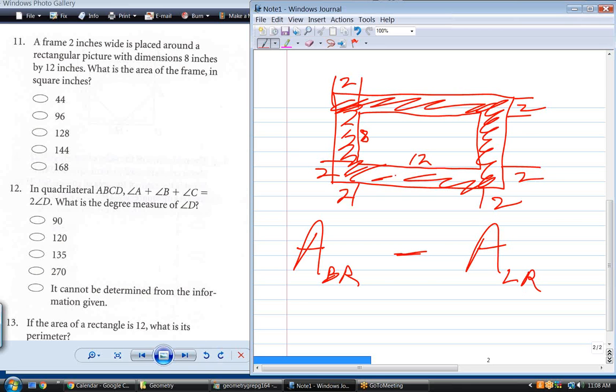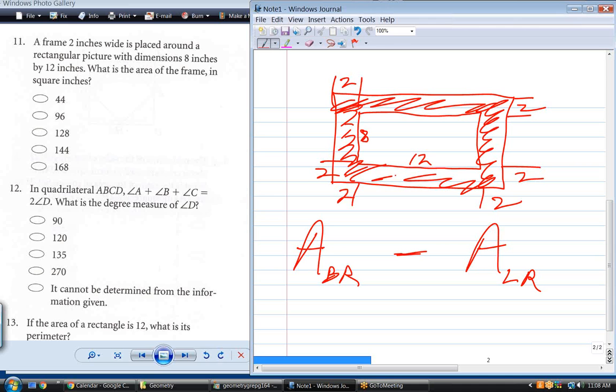And it's perfectly acceptable. In fact, I would prefer you start out with this step. In other words, define what it is. Before trying to figure out the area of the larger rectangle, let's make sure that we know what we're doing. We're going to take the area of the little rectangle, subtract it from the area of the big rectangle. That's going to give us the area of the frame.